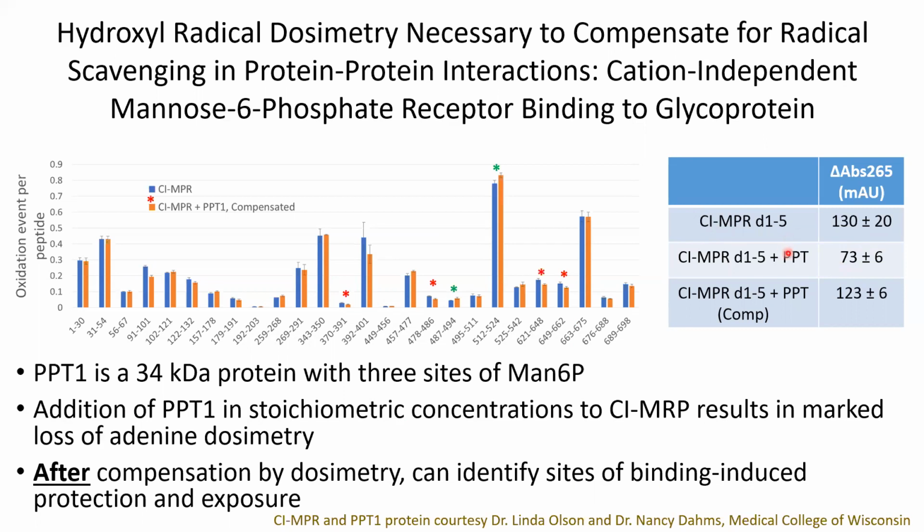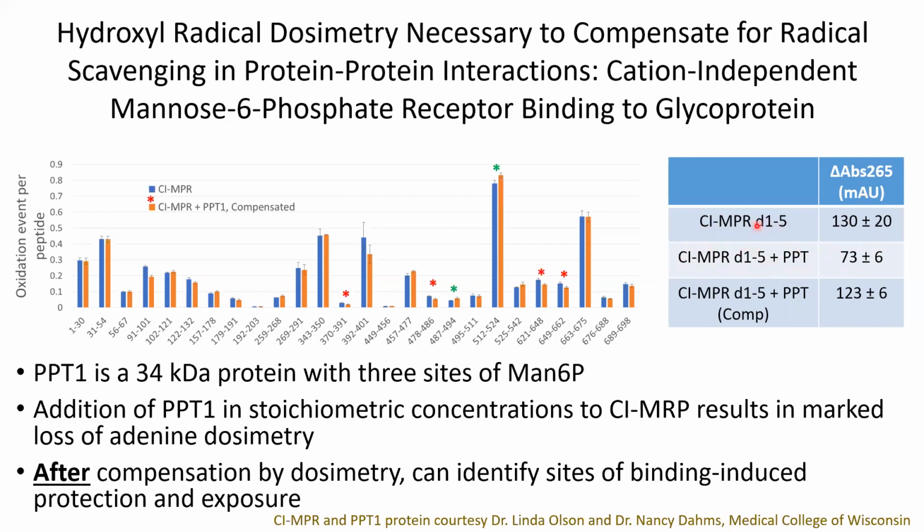Why? Well, remember, as far as CIMPR is concerned, PPT1 is not just a protein binding partner, it's a radical scavenger. It is now competing with your analyte protein for the same pool of radicals, and so fewer radicals are making it to the surface of CIMPR.